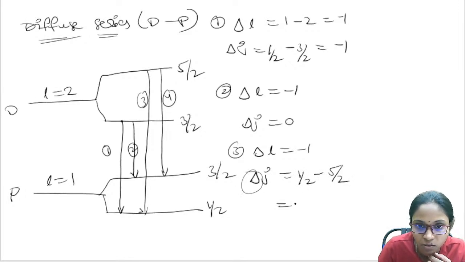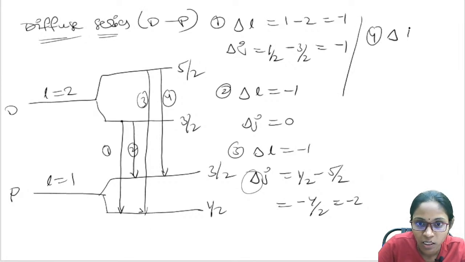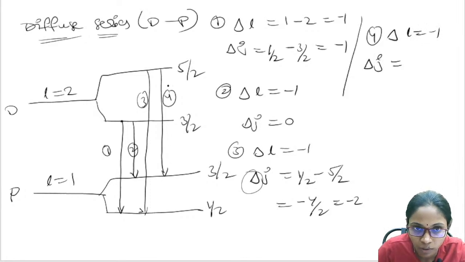This will be equal to minus 4 by 2, which is nothing but minus 2. And check the fourth one. Delta L is minus 1 and delta J is 3 by 2 minus 5 by 2, which is equal to minus 1.